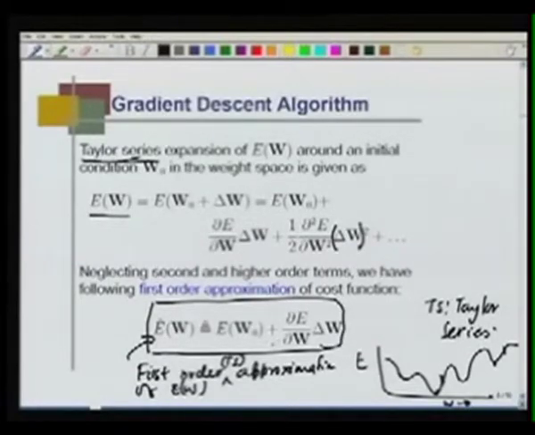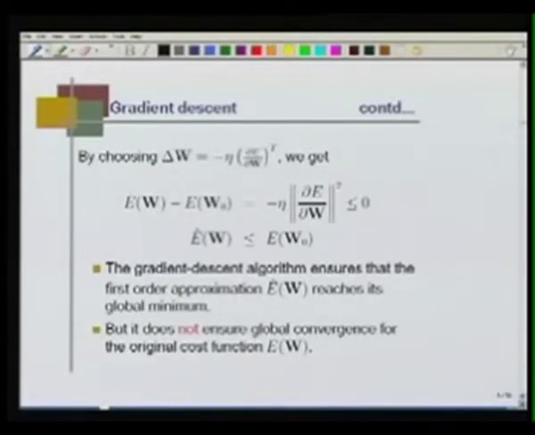Now, if I select delta W as minus eta del E upon del W transpose, right. You know that E is a scalar. When I differentiate a scalar with respect to a vector, it becomes a row vector. So, transpose makes it a column vector, and delta W is a column vector.